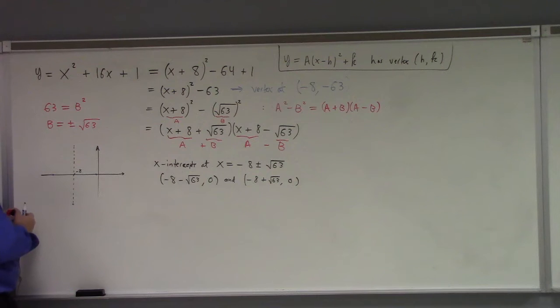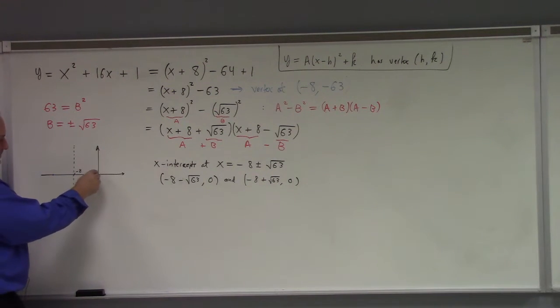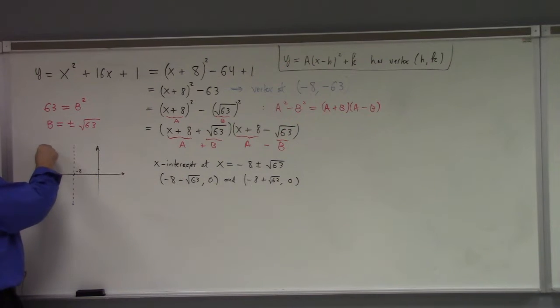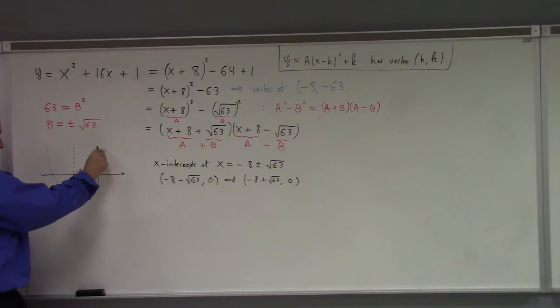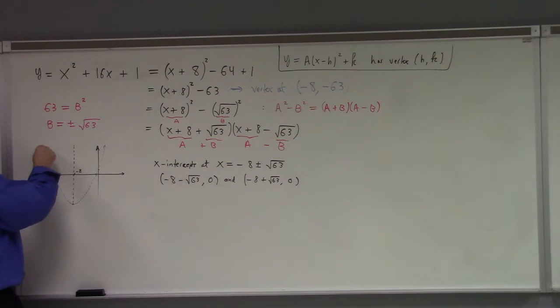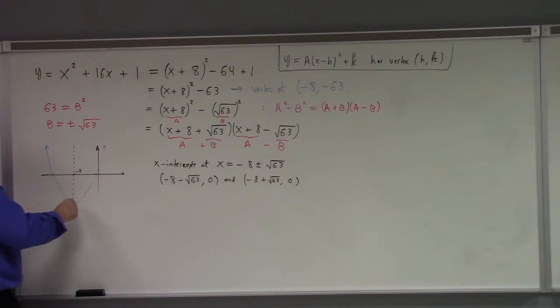What's the y-intercept of this thing? It's at 1. Is that here-ish? So the graph looks something kind of like this with the scale I've chosen. Here's the vertex, minus 8, minus 63.